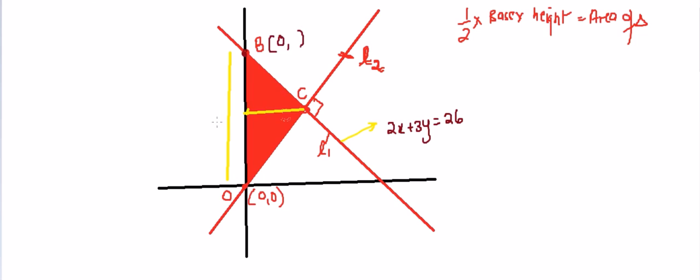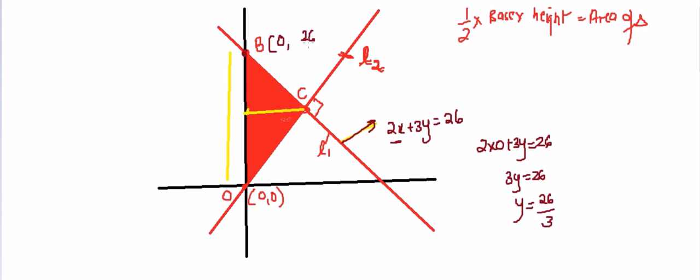So since this point is lying on this line, it will satisfy this line. On putting x equals 0, I get 2 times 0 plus 3y equals 26. That is 3y equals 26, and from here the coordinate is 26 over 3. So we have calculated that the coordinate of y is 26 over 3.